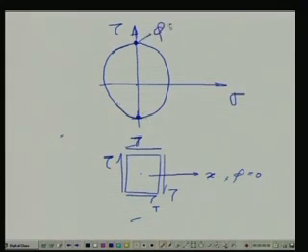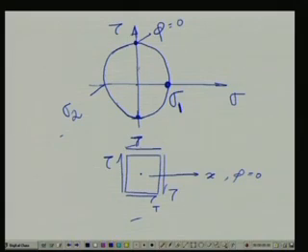This is phi equals 0. This is the principal stress sigma 1, the maximum one, and this is sigma 2, the minimum one. The magnitude of this is nothing but plus tau and minus tau. Now, the interest is at what plane this particular stress is occurring.